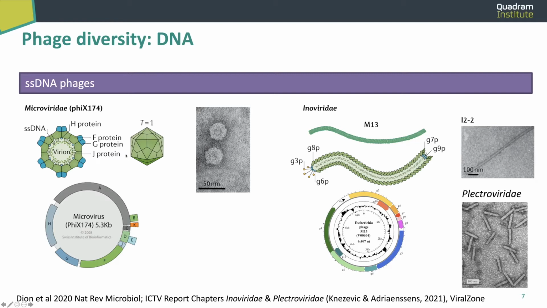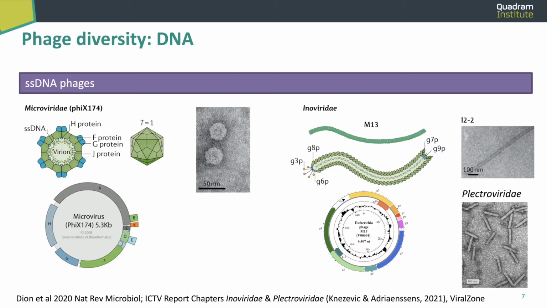That's a very small single-stranded DNA phage with a genome of 5.3 kb. The microviruses and the inoviruses have properly circular genomes, so the single-stranded DNA molecule is one circular molecule.